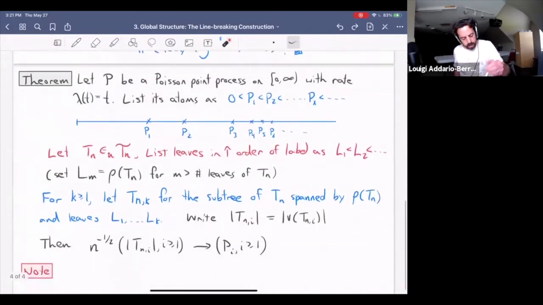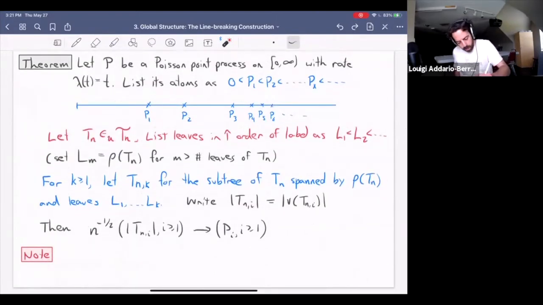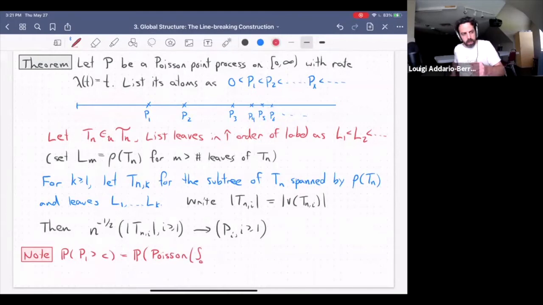But now if we look at the first point of this Poisson process, what's the probability that that point occurs after position c? That's the probability that there's no point in the interval 0 to c, which for a Poisson process is the probability that a Poisson with parameter, well, we have to figure out what the total intensity is in this region, that's the integral of the rate, is equal to 0.